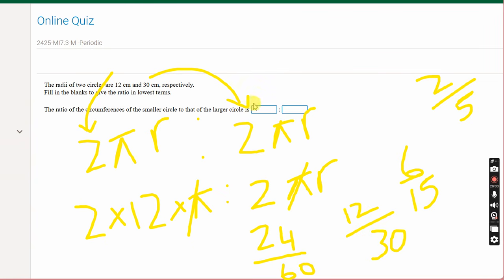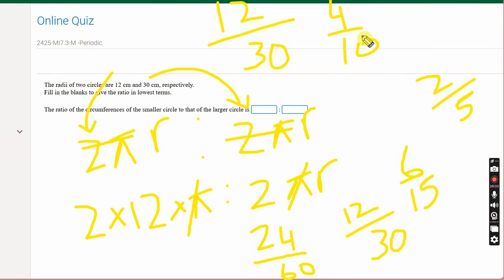Now, I know some people will get confused about why you aren't cancelling the 2 and r. The r you can't cancel because they're different numbers. Why can't you just cancel the 2? You can do that as well. You can cancel these 2, and you can cancel these 2. And what is left behind? The radiuses. So 12 over 30. And you can just simplify it directly from here. 12 divided by 30, divide by 3, you get 4 over 10.